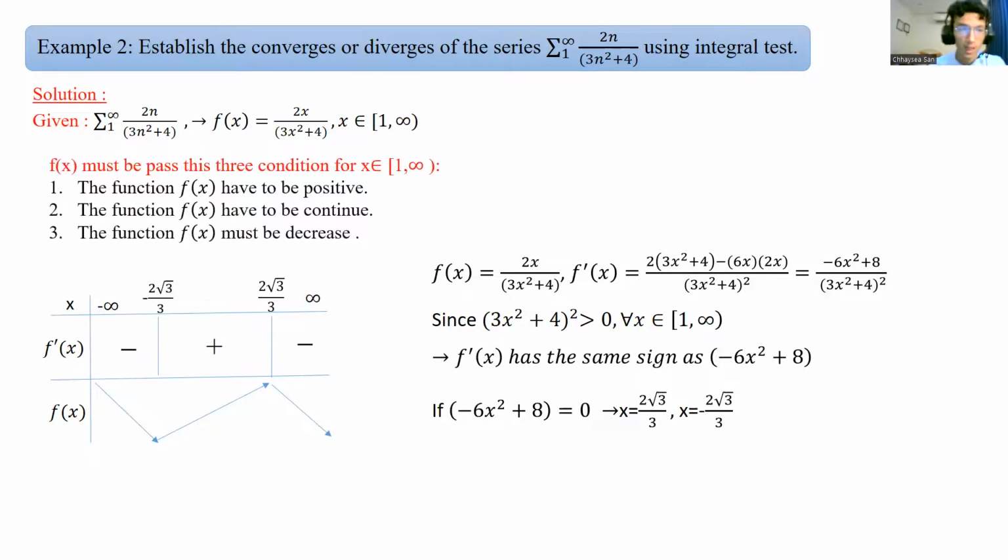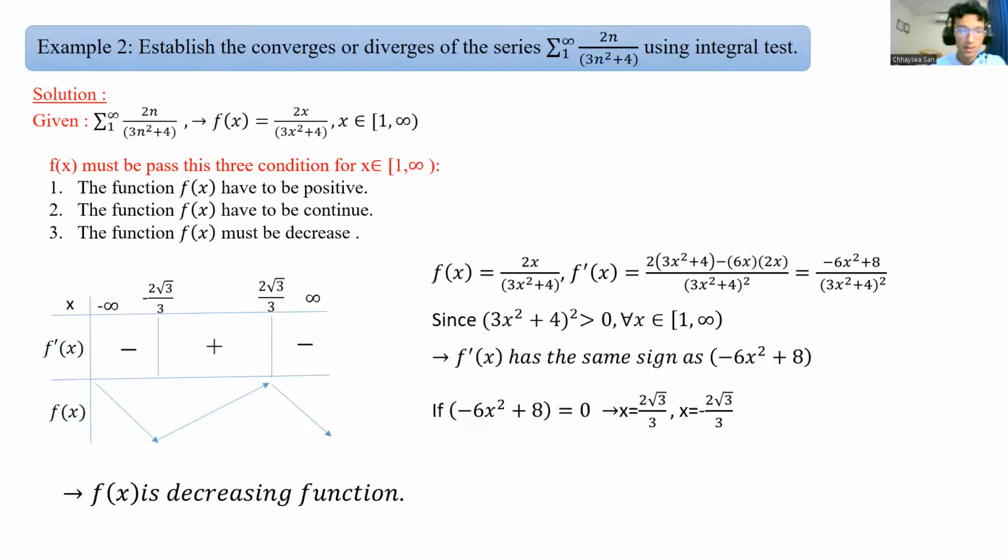For the first thing, the function must be positive, continuous, and decreasing. Here I'm showing you the solution to show that the function is decreasing by using the derivative. As you see in the table, from 1 to infinity our function is decreasing, so it passes the first condition already.